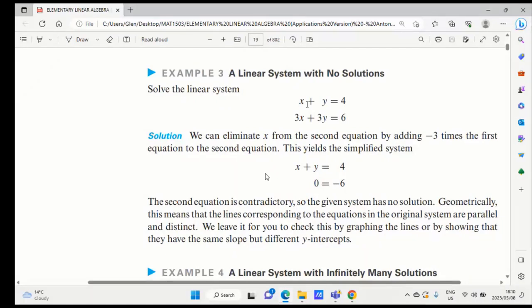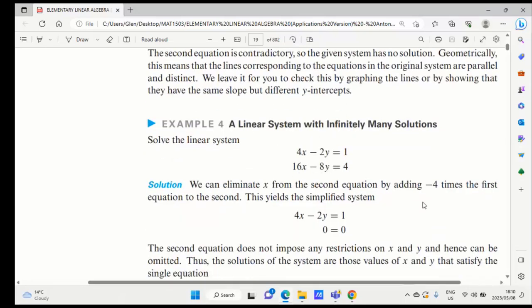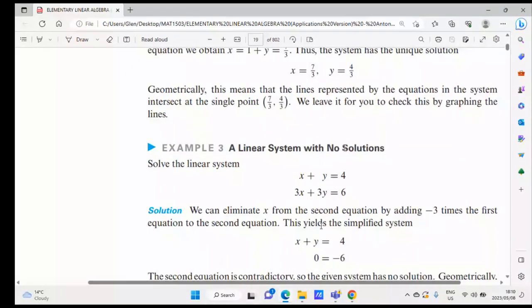Any system we are solving must satisfy this condition. And then finally, infinitely many solutions, that system must satisfy this condition. In no solution, this is the condition that we are looking for.